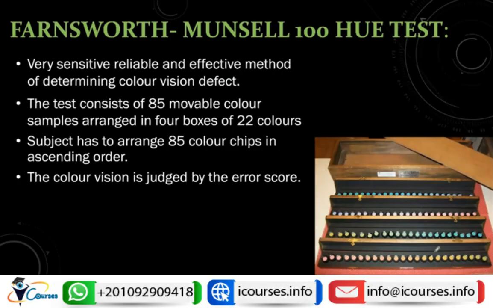The patient will be asked to arrange these chips in order of increasing or decreasing color, so that they go from the yellowish to the bluish or the greenish. The patient should arrange these chips in order of increasing intensity of the color, so it will be more accurate.